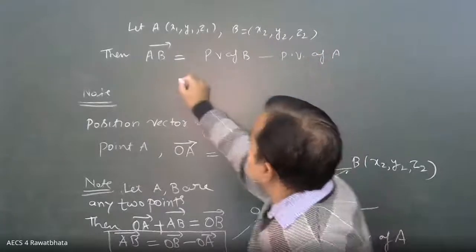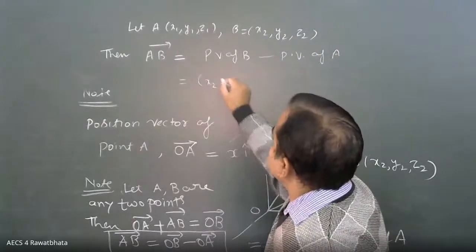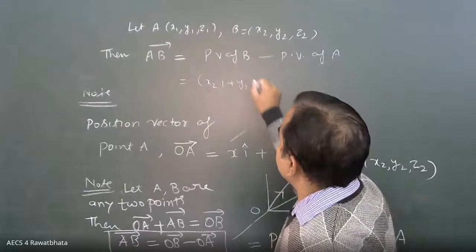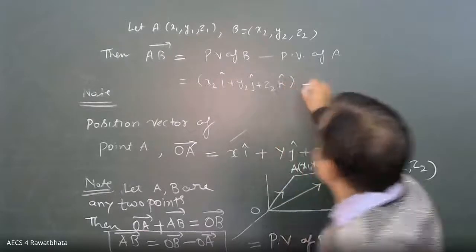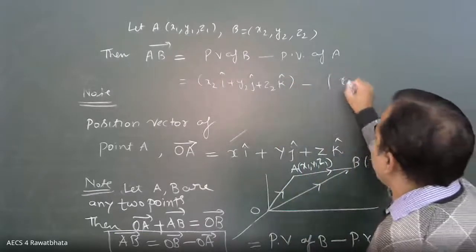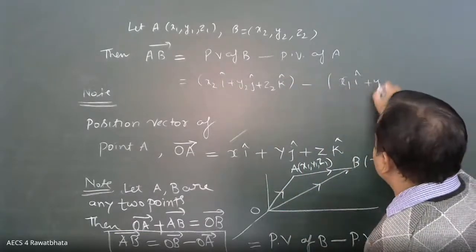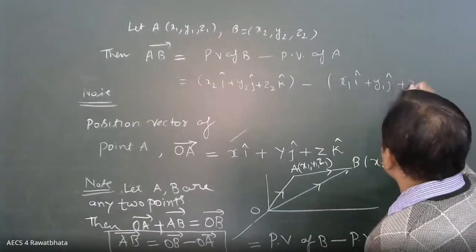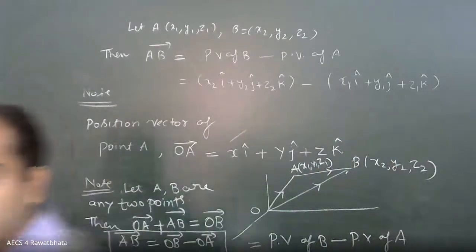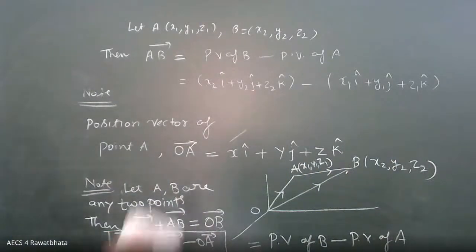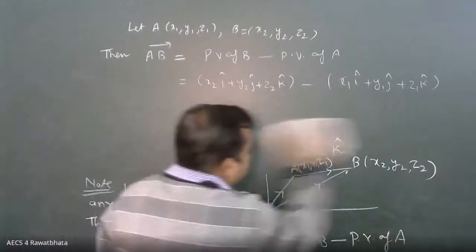Position vector of B will be x2 i plus y2 j plus z2 k, right? Minus position vector of A, which will be x1 i plus y1 j plus z1 k. Now if I subtract them, what will come?